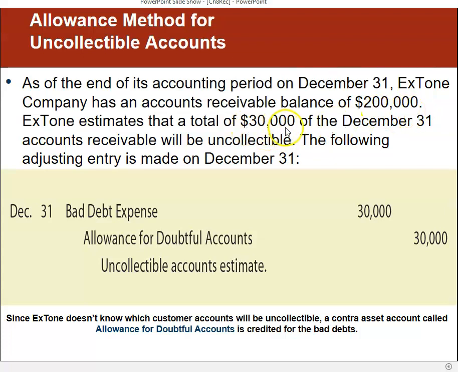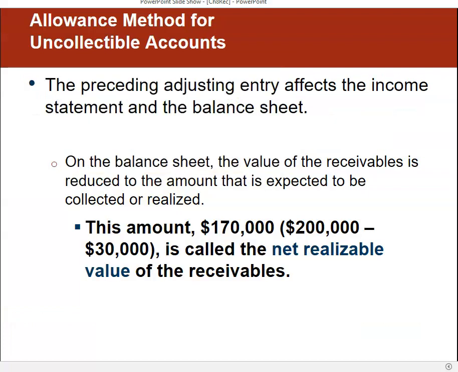But this $30,000, which is about 15%, which is pretty high, is an estimate. Remember, we want to present our financial statements fairly to those external users. So we would say that the real value of our accounts receivable, net, is $170,000. We'll get into that a little more soon.